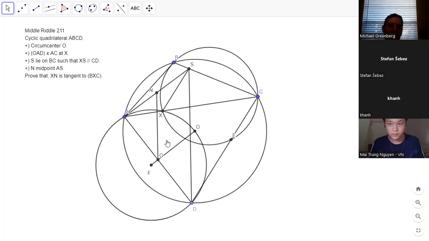Is there any other triangle where we could have a similar triangle to SAX maybe?